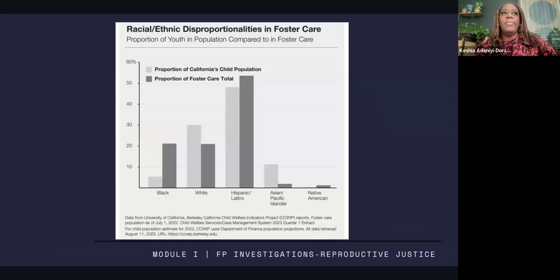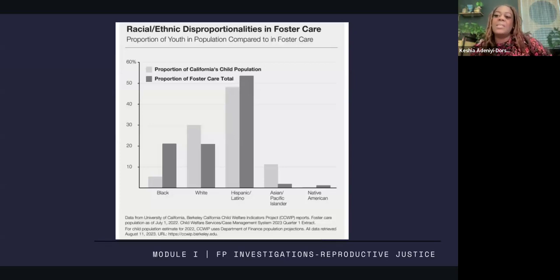And this is just a graph, and this is data that was taken by the University of California, Berkeley. I'd like to include this slide because I want people to know I don't get this data from my own conspiracy theories. I can't say 20, 30%, right?